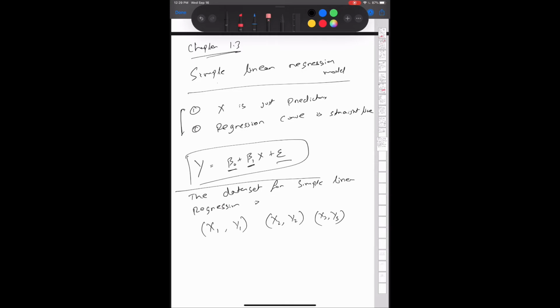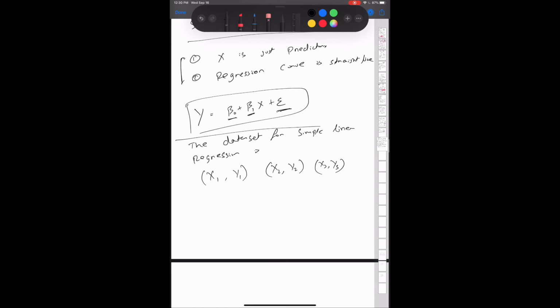What I don't observe is the errors. If there was no randomness in the data, y1 would have been beta naught plus beta 1 x1. But since there is randomness, I call that randomness epsilon 1.